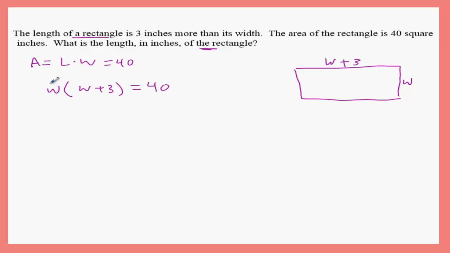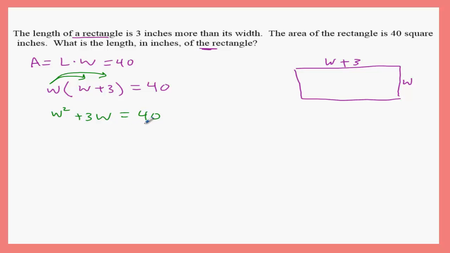Solve this quadratic equation. Use the distributive property: W times W equals W squared, W times 3 is 3W, equals 40. We see here there's a squared variable, W squared, W, and a number by itself, a constant.